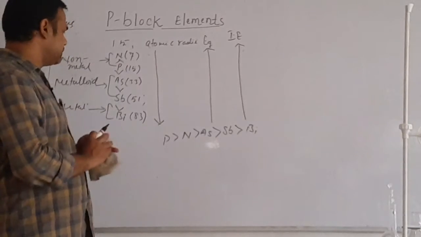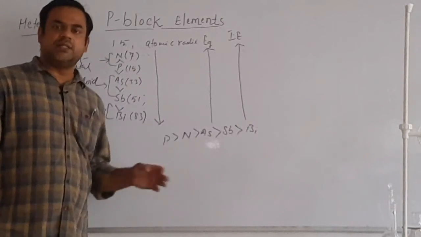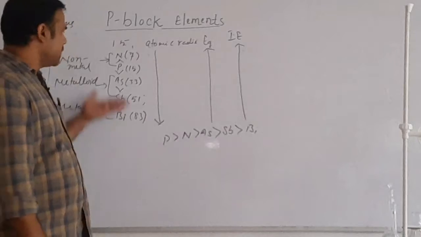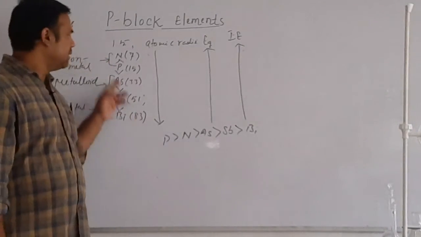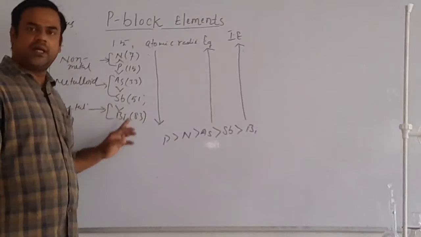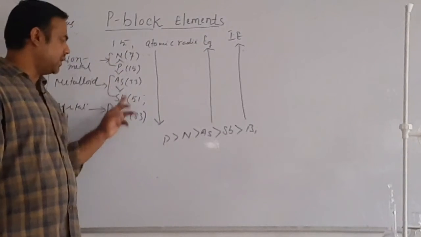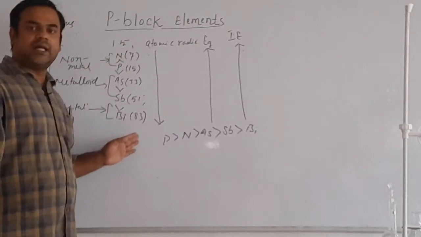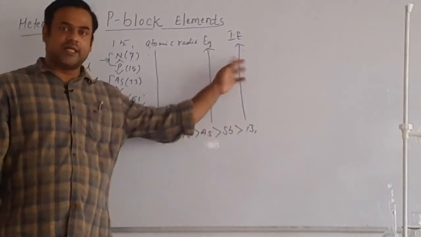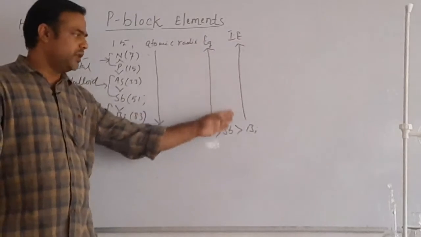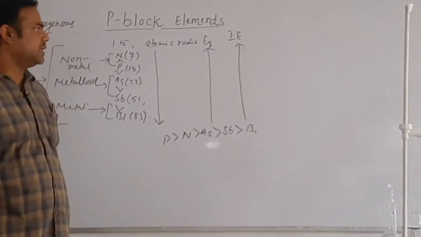We all know that when ionization energy decreases, metallic character increases, and you can clearly see in this group that moving from non-metal, to metalloid, to metal, down the group, metallic character is increasing. The same can be justified by the order of ionization energy also.